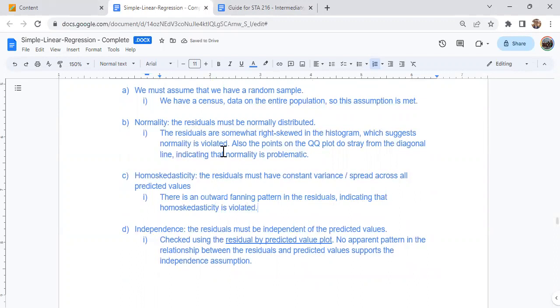And anytime you have a right skewed set of residuals, it is very often the case that you see this outward fanning pattern. It is so boringly predictable now. I've seen this in so many real data sets. It's always like, oh, it's right skewed residuals, wonder how homoscedasticity is going to look. Yep, it's outward fanning. It has to do with the nature of the variable being point values, something that's non-negative and always positive.